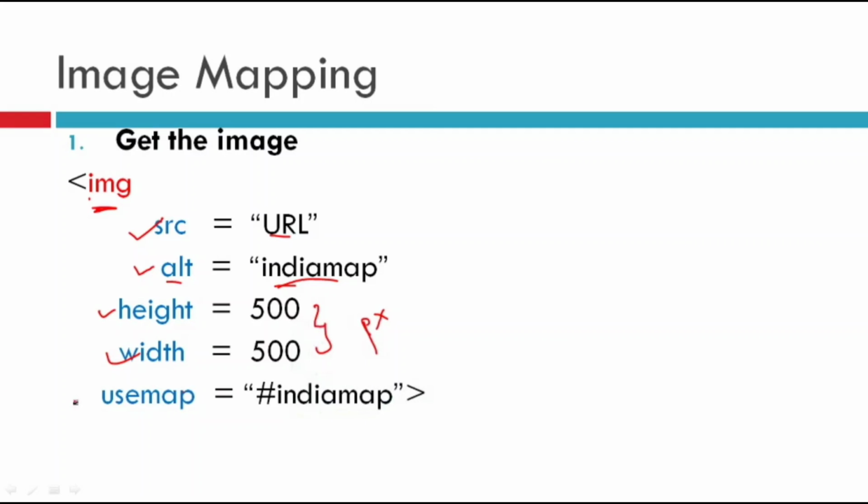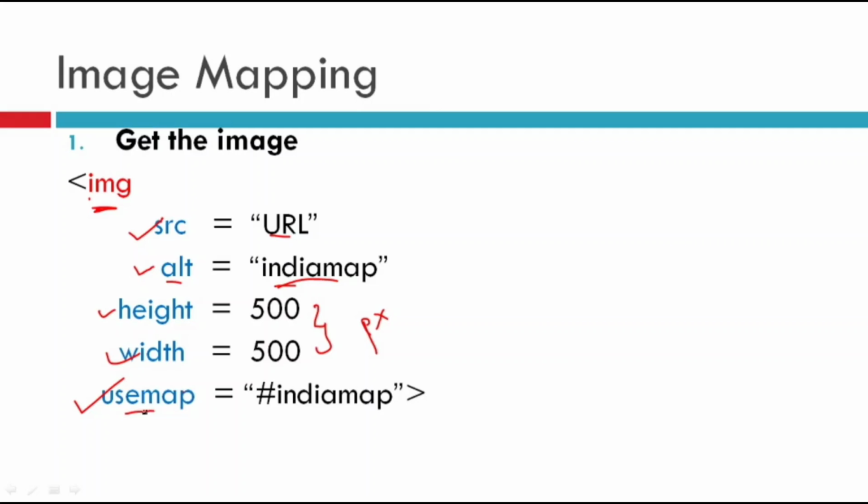The next attribute is usemap. This usemap is exclusively used for image mapping, and this is for client side image maps. There are two types of image maps: one is client side and the second is server side. We are going to focus on client side image mapping in this session.